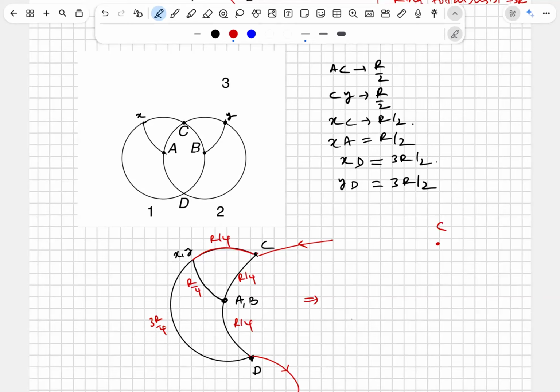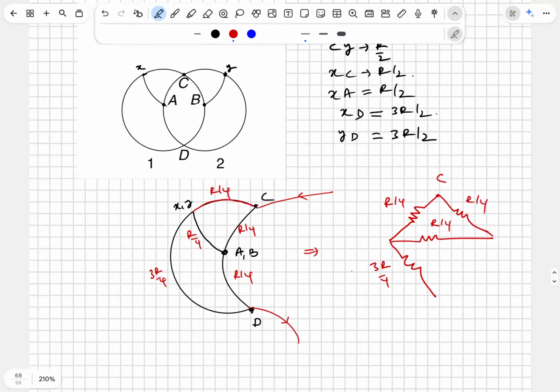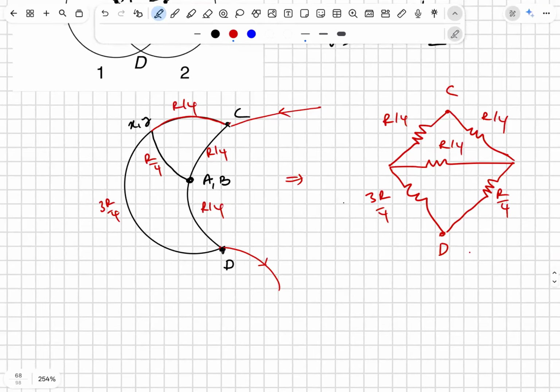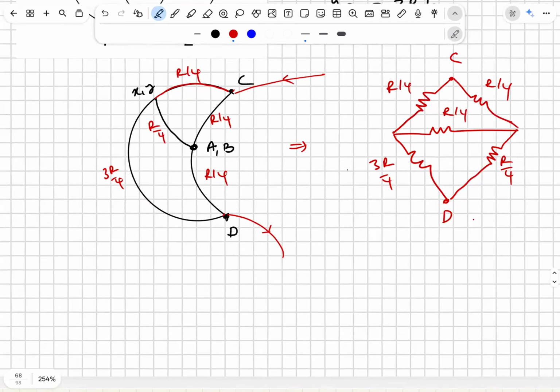Therefore C comes to R/4, R/4, R/4, 3R/4, R/4, D.